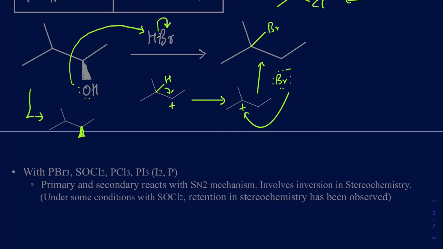So that would make this OH2 here with a positive charge, and then the next step you can have this loss of leaving group, and you make this carbocation, and then you can have a carbocation rearrangement.